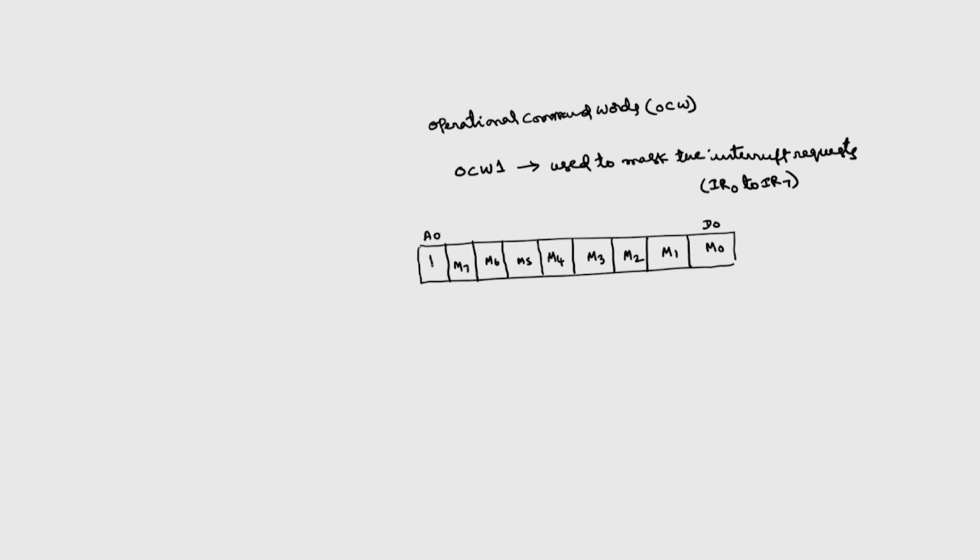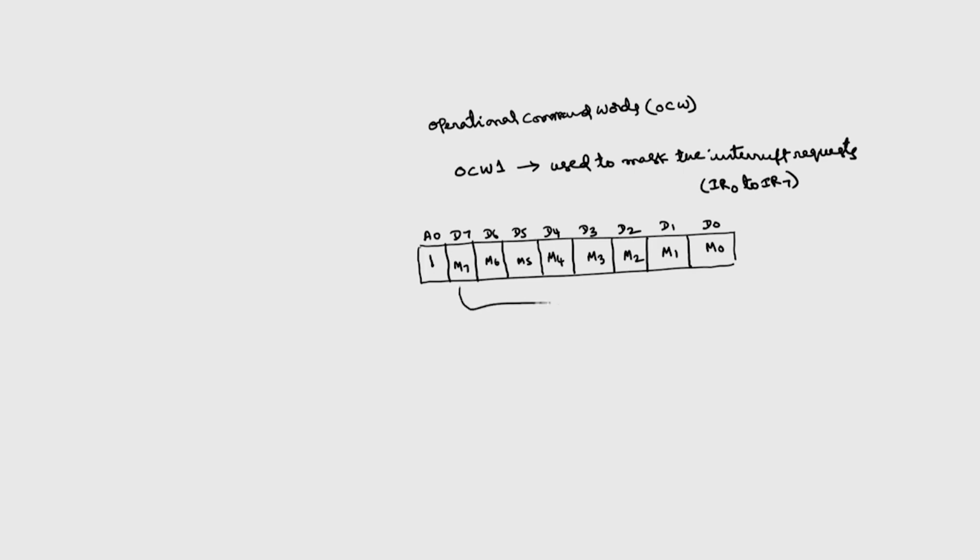This will always be 1 for OCW1. So this is D0, D1, D2, and so on up to D7. So this M0 corresponds to IR0, M1 corresponds to IR1 and so on.